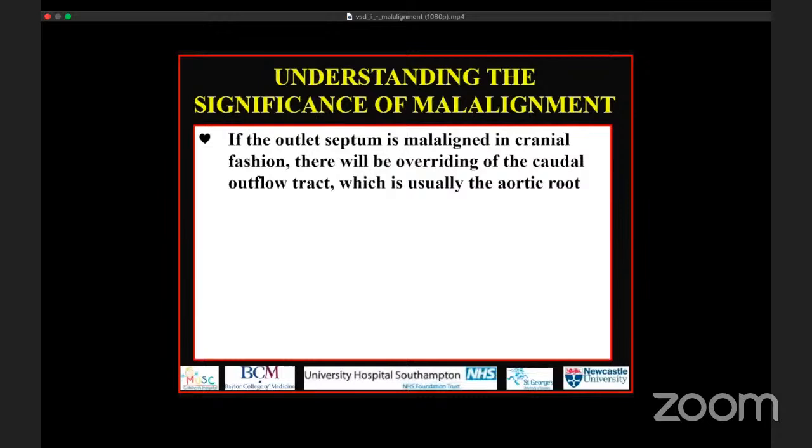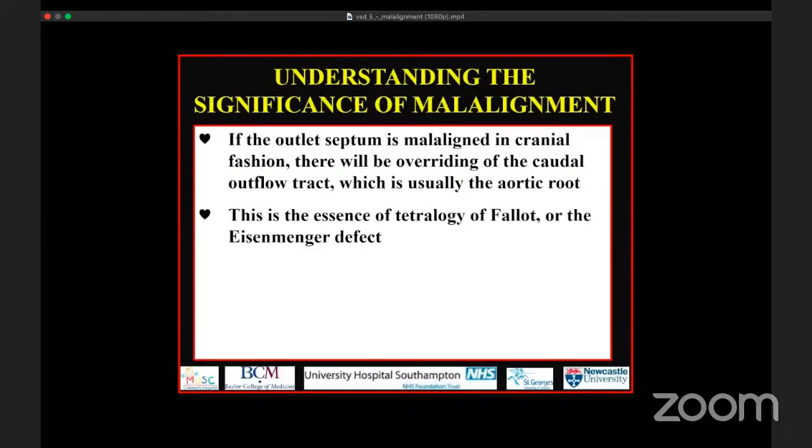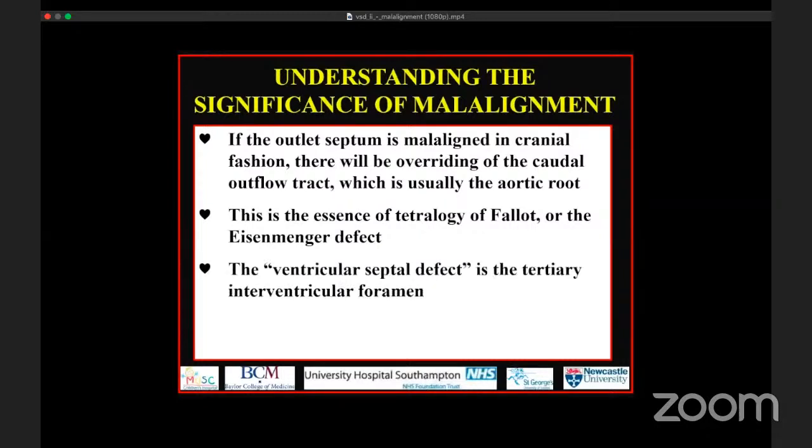If the outlet septum is malaligned in cranial fashion, there will be overriding of the caudal outflow tract, and usually that is the aortic root. And that is the essence of tetralogy, in which there is also subpulmonary obstruction, but we can also have that in the so-called Eisenmenger defect when there is an unobstructed subpulmonary outlet.